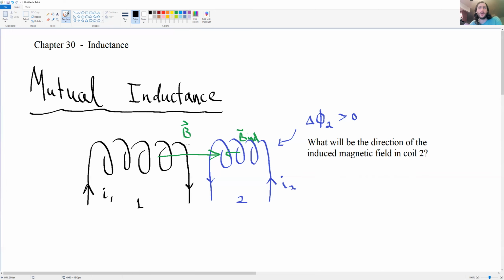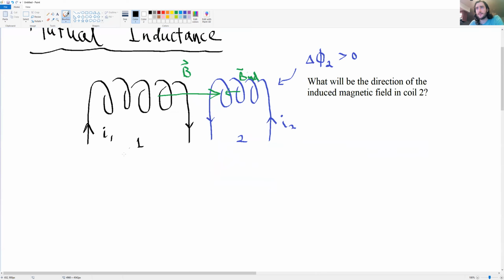We define a quantity called mutual inductance in the following way. We take Faraday's law, which of course everybody remembers at this point, right? The induced electromotive force is minus the number of turns times the rate of change in the magnetic flux. We simply rewrite this.